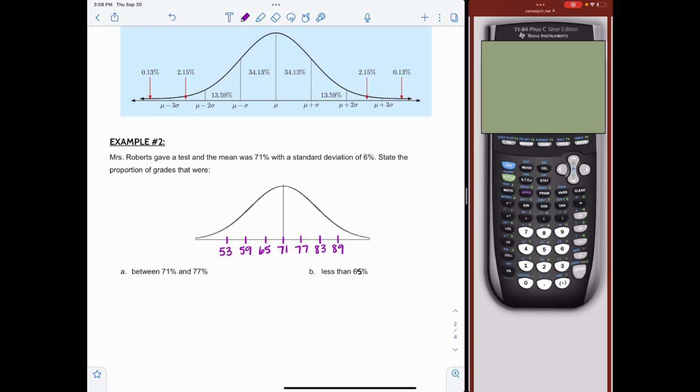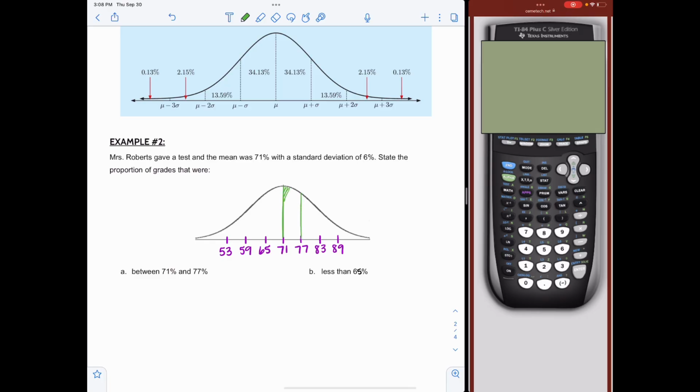So now it says we want to figure out how many students are going to have between, or the population, or the percentage, excuse me, that is going to be between a 71 and a 77%. So if I want to figure that out, I want to figure out the probability from 71 to 77.